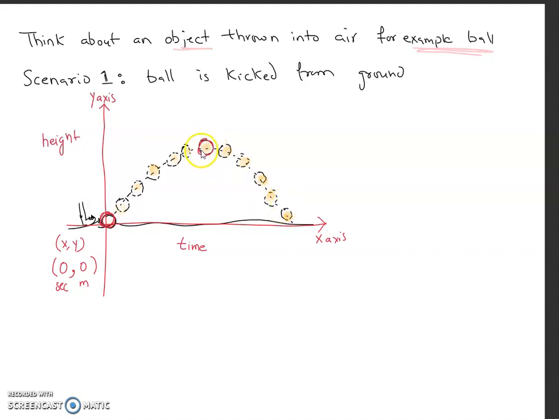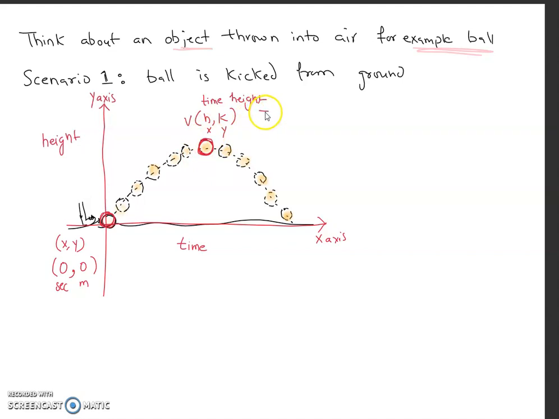This is the point where it reaches the maximum height. That's your vertex, (h, k), where h is the time and k is the height. Because x is always the time, y will always be the height in this scenario. So what does this maximum point, the vertex, represent?